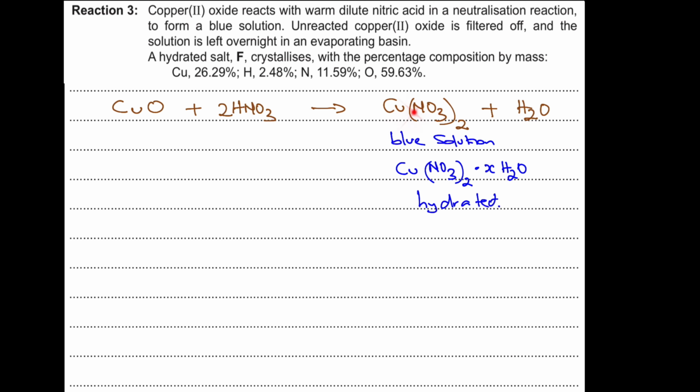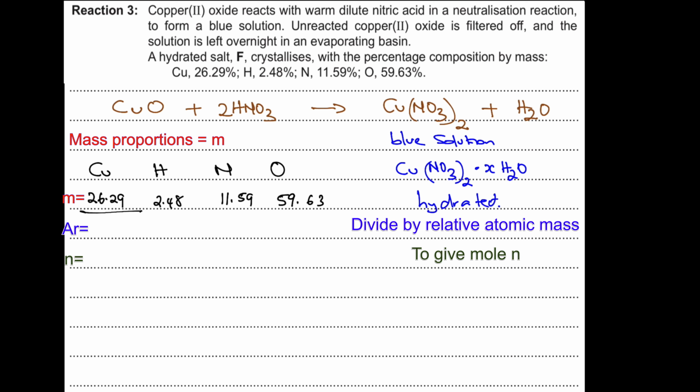What we need to do is find the composition of this hydrated copper nitrate. We've got copper, hydrogen, nitrogen and oxygen, the 4 elements involved here. We've got the percentages: copper is 26.29, hydrogen is 2.48, nitrogen is 11.59, oxygen is 59.63.